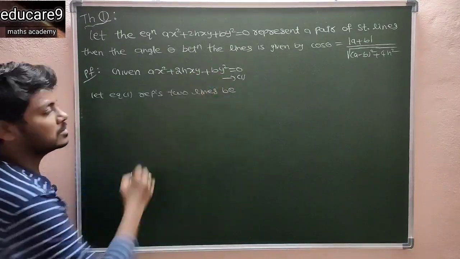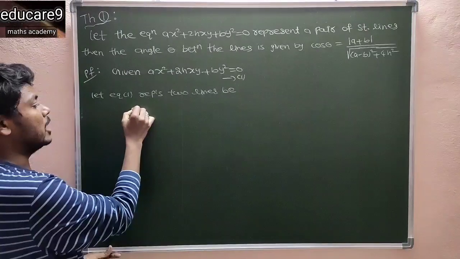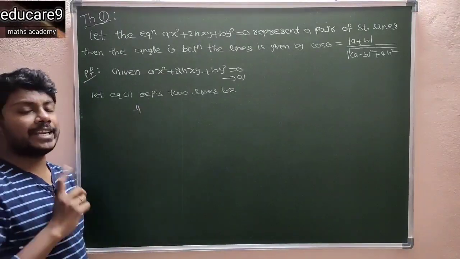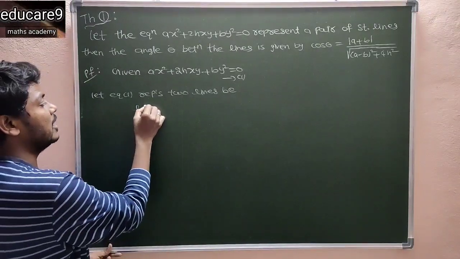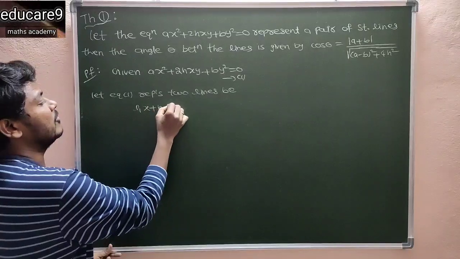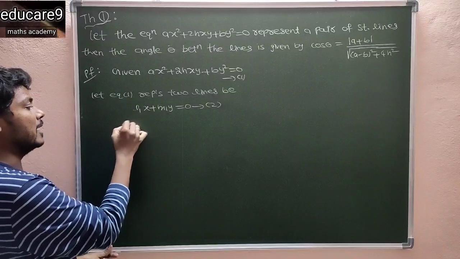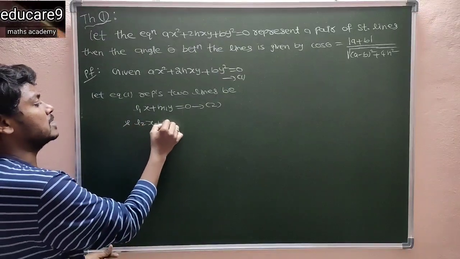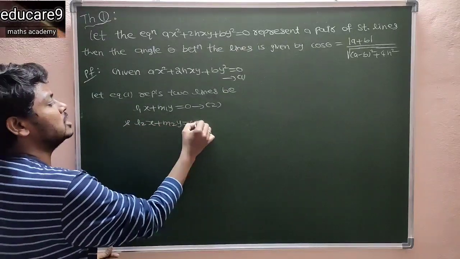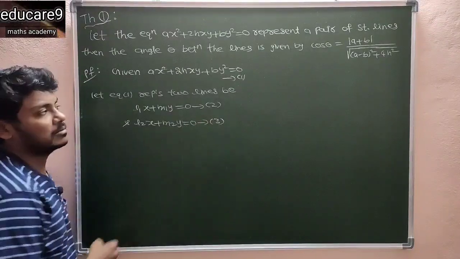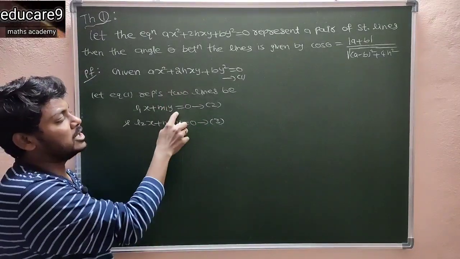I am assuming two homogeneous linear equations that are L1x plus M1y equals 0. This is equation 2. And L2x plus M2y equals 0. This is equation 3. So clearly it represents these two.